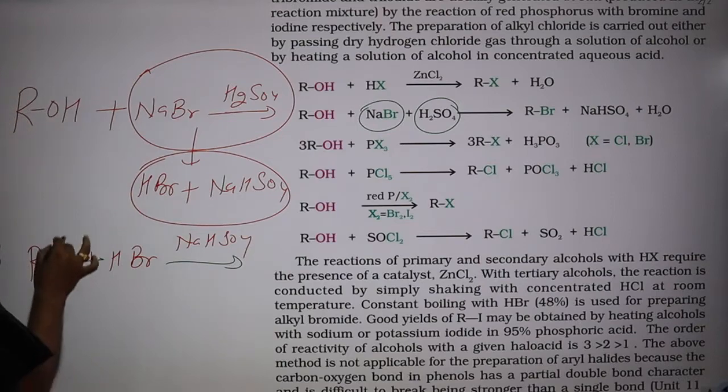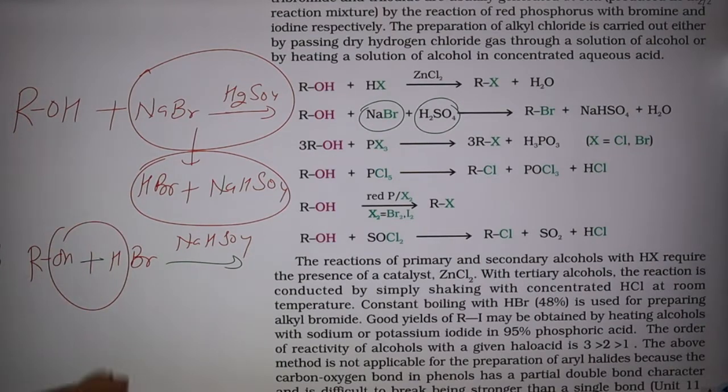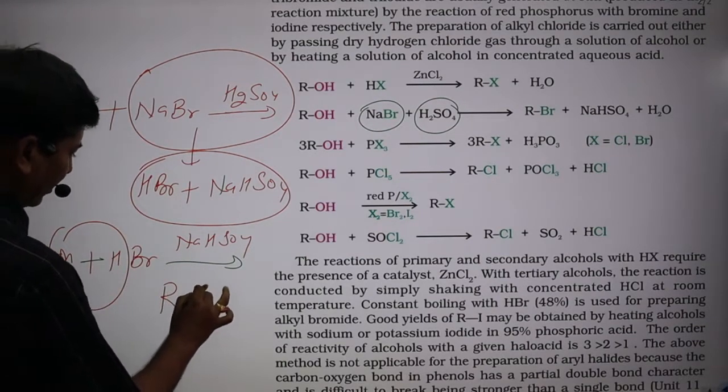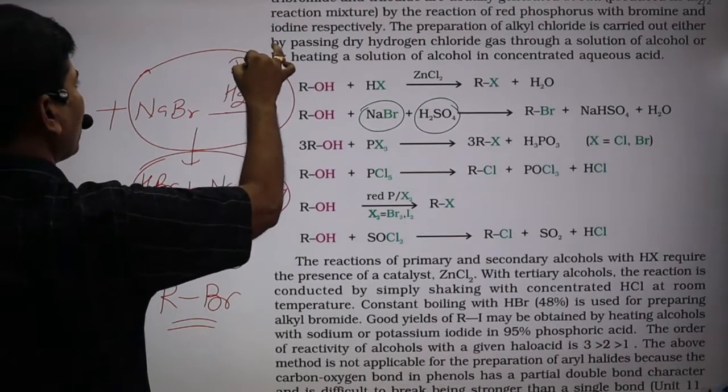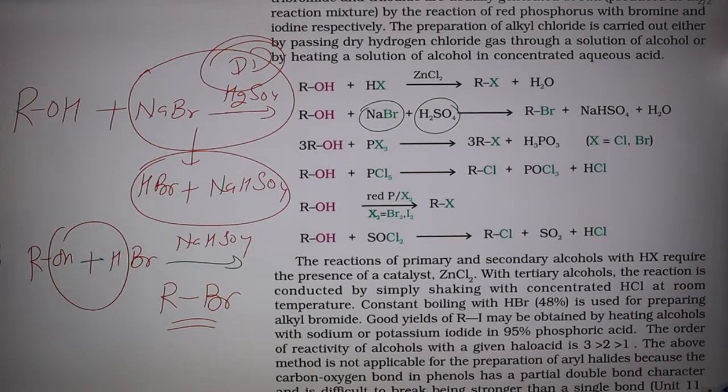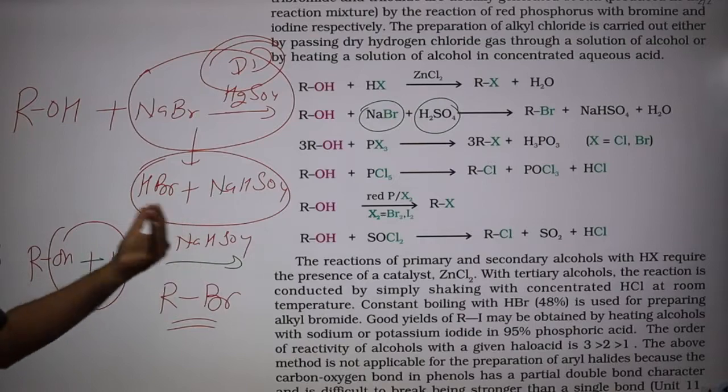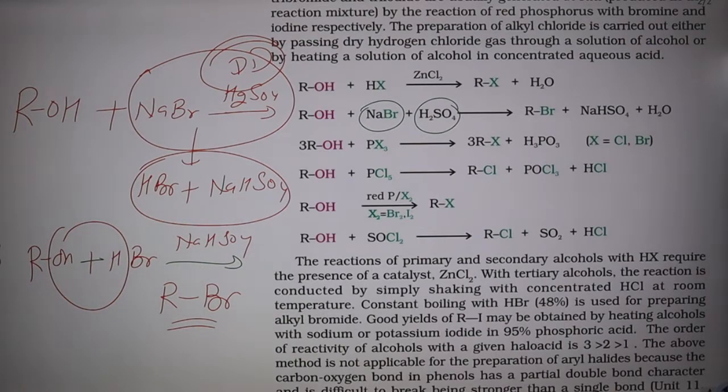OH will be removed and Br will attach. We get RBr. From here, a water molecule is liberated. We are having a dehydrating agent, a strong acid, so it can absorb the water molecule, so that the reaction should not go in the backward direction.